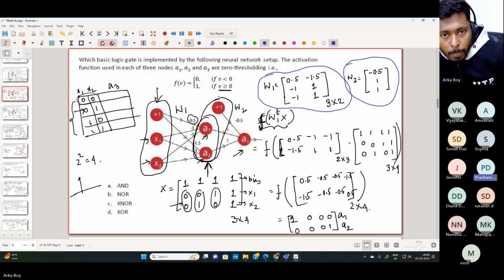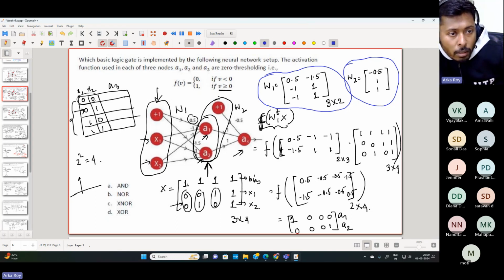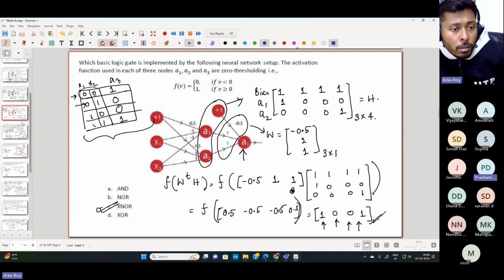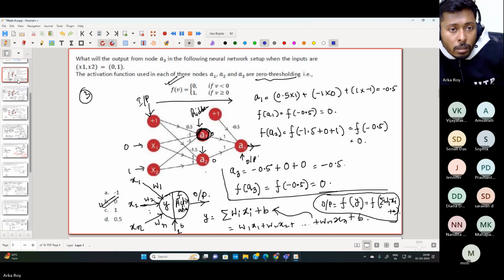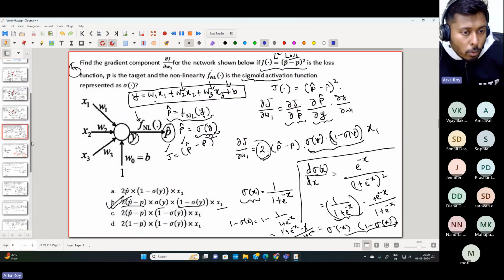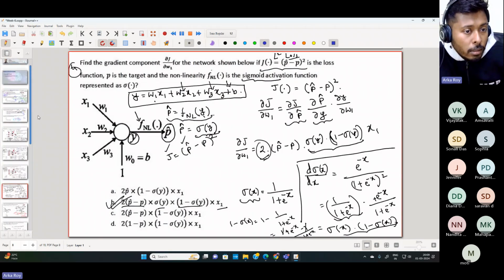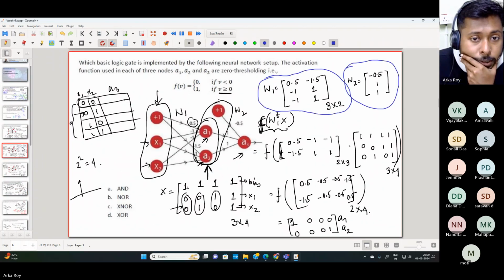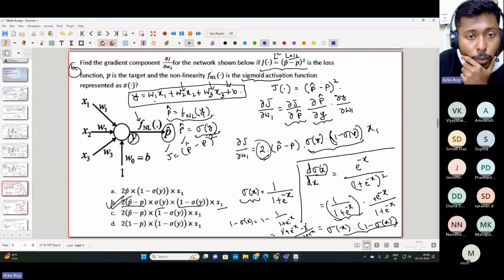So where to use the J here, sir? J, that means loss function, right? Yeah. We have solved one question like that as well. Let me check this. Yeah, over here you can see this is not the same thing.